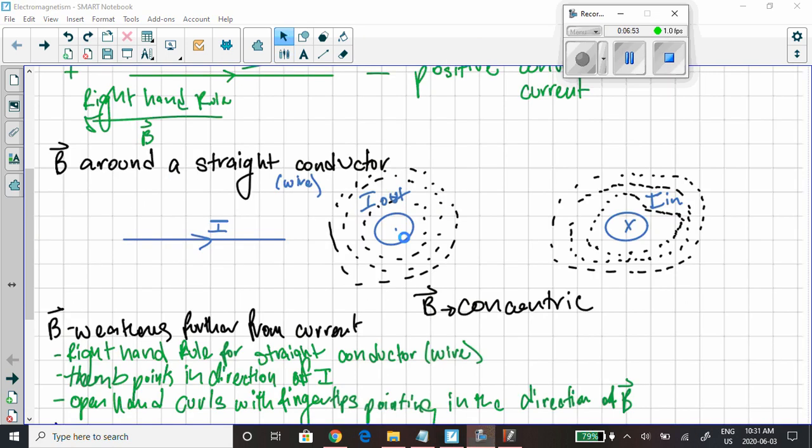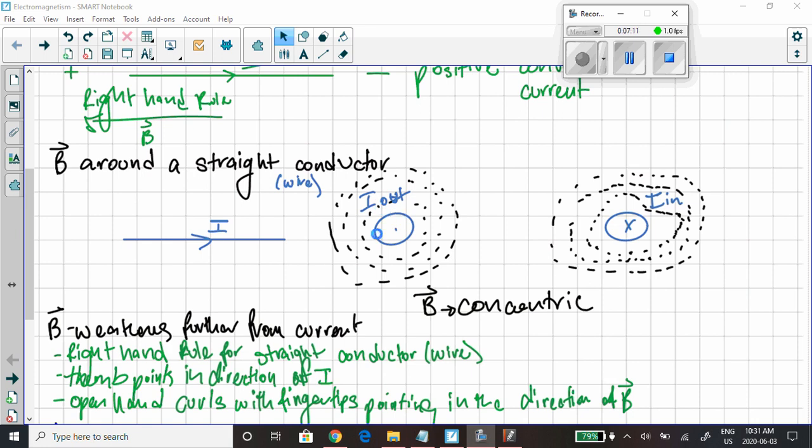So here's just a quick little handwritten note. B, magnetic field, around a straight conductor known as a wire. So here's the wire. There's the current for it. I've shown you a textbook version of this.